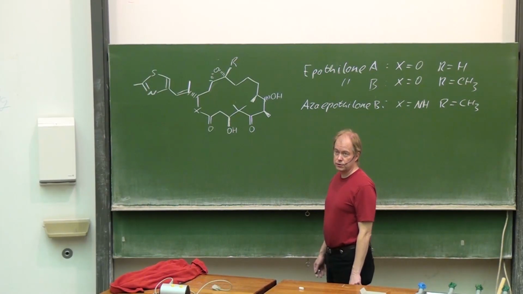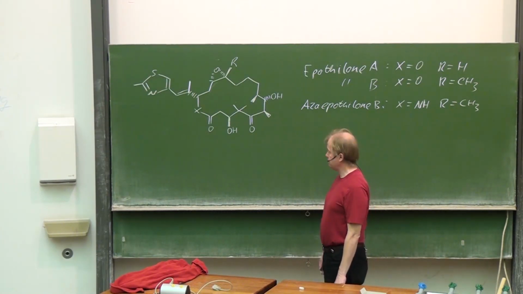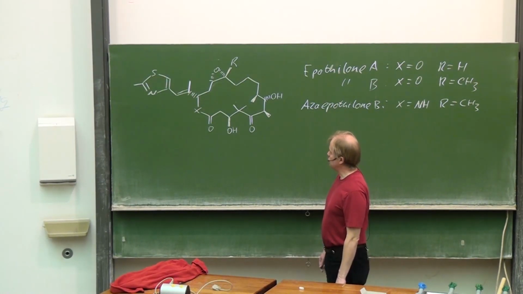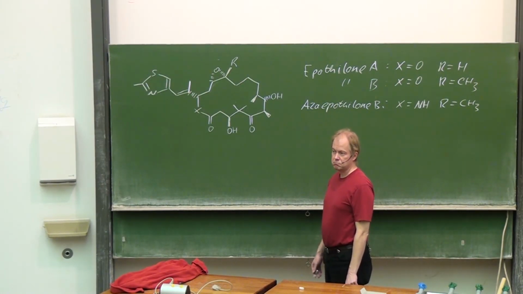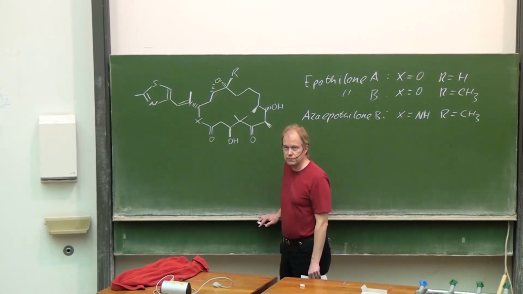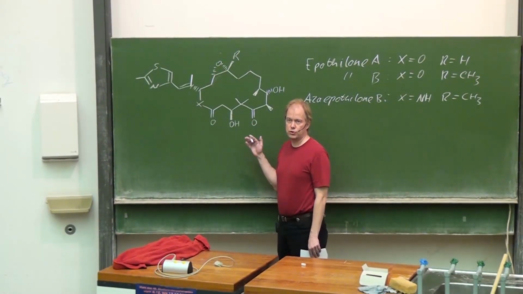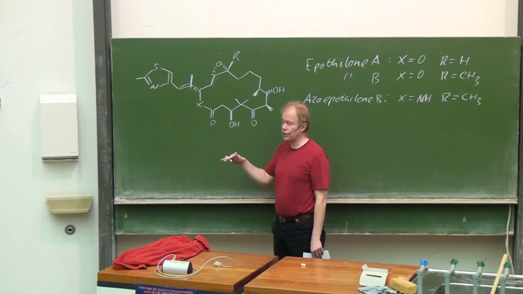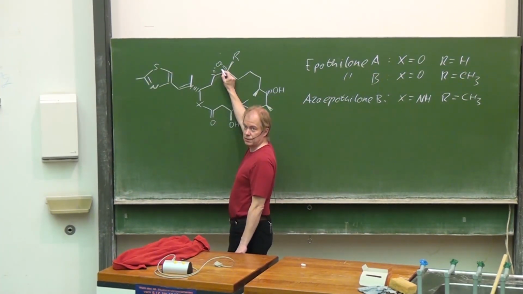It is not that difficult to find the strategic bonds in this case. Far more difficult it is to decide which method we will use to introduce the chiral centers and so on. Certainly one functional group which is very sensitive is in this molecule, and you don't want to carry this functional group through the synthesis. So that's the epoxide.